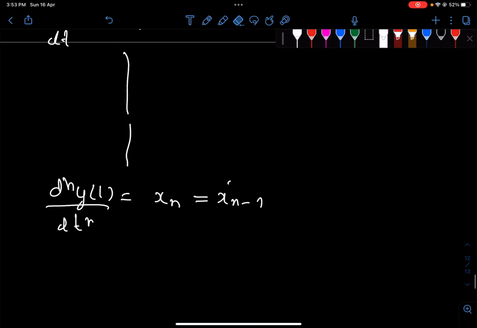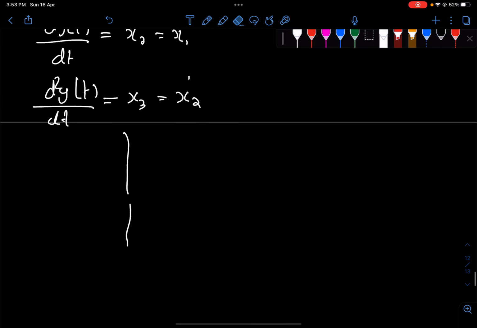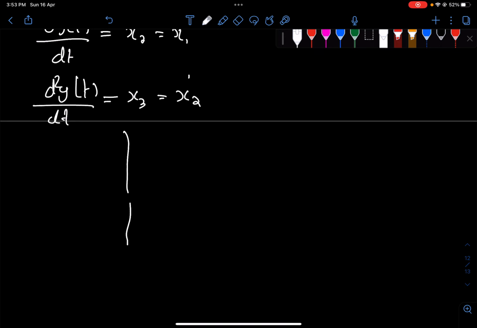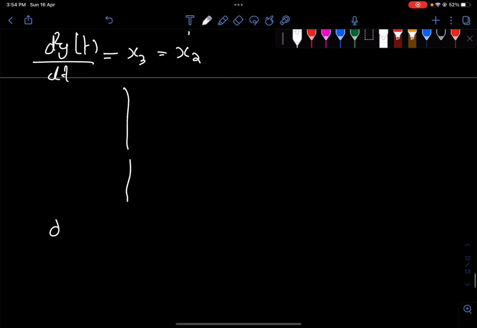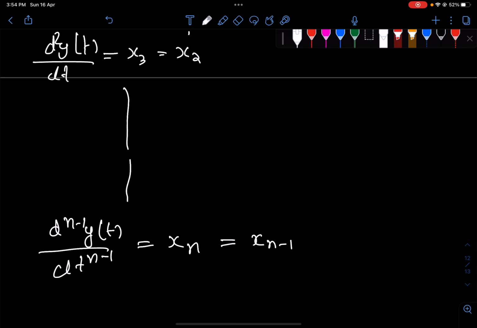Wait guys, wait. So here it is not like this. For the second derivative, we have the variable x3. So for the n minus 1 derivative, we have the variable xn, and it is xn minus 1 dot.